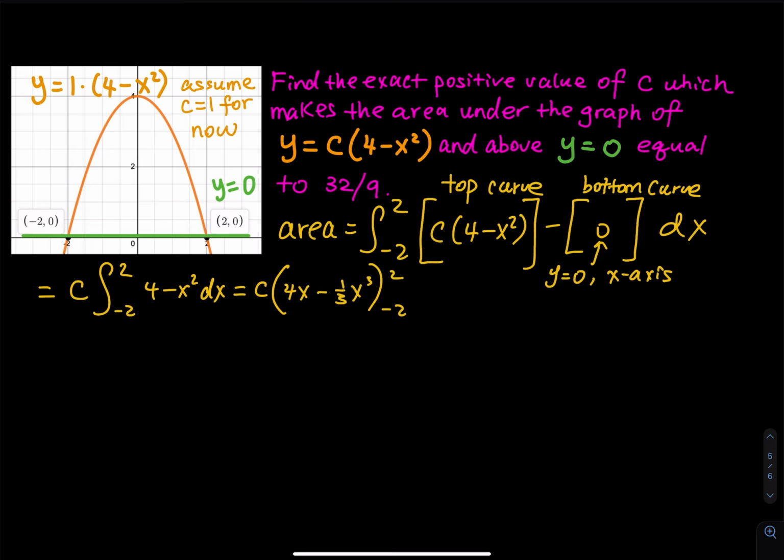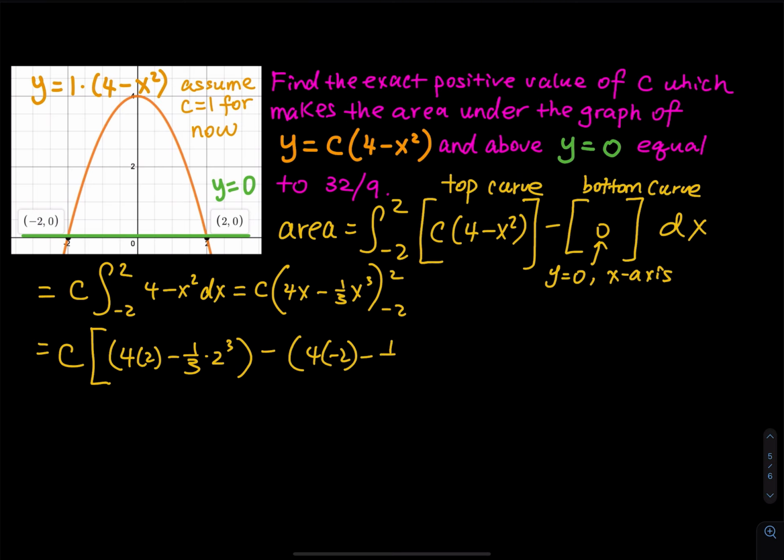All right, and then you have C multiplied by the fundamental theorem, which I will put in a big square bracket. That is 4 times 2 minus 1/3 times 2 to the third power, which is the upper limit, minus 4 times negative 2 minus 1/3 times negative 2 to the third power.